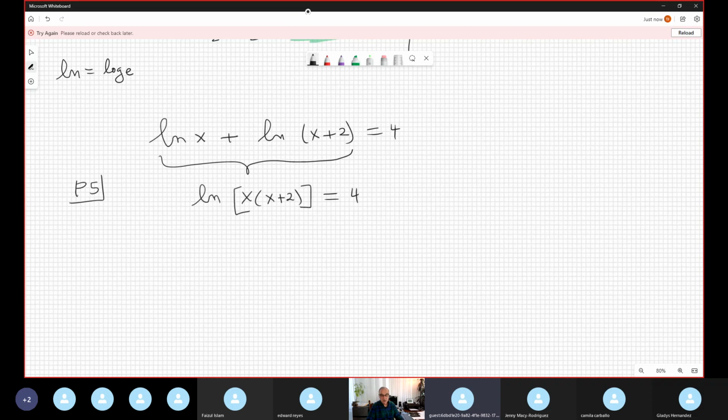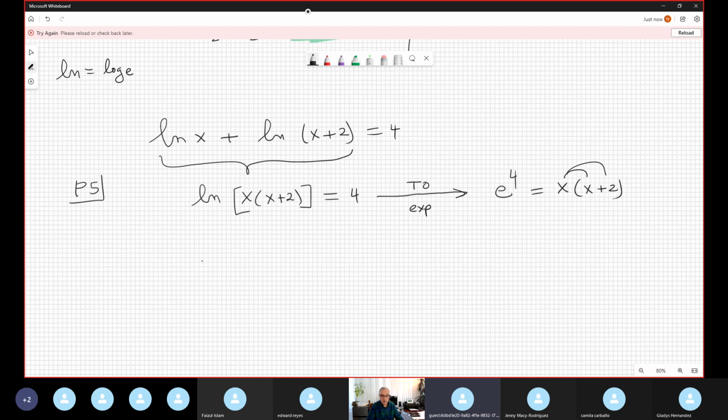Okay, entonces in the right hand side we have no logarithmic. Entonces I need to convert to exponential. The base is e. The exponent is 4. Is equal x times x plus 2. And you have a new equation. Okay, this new equation is relatively easy because it looks like quadratic equation.